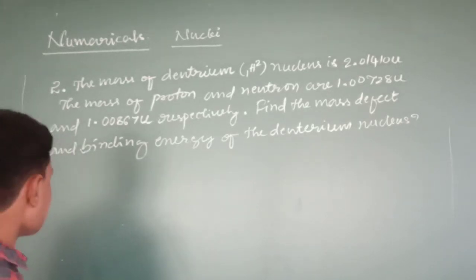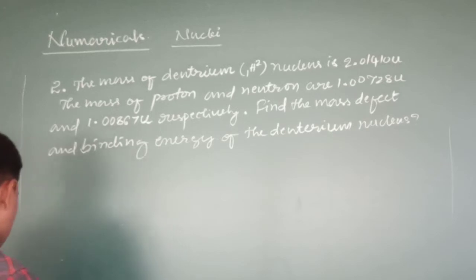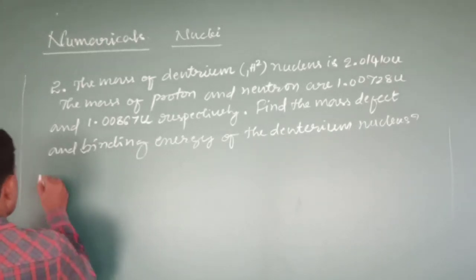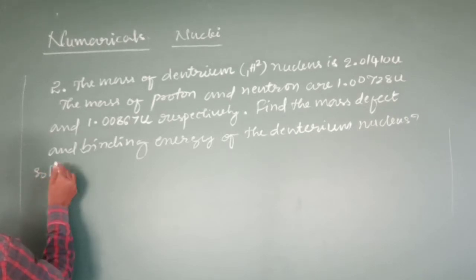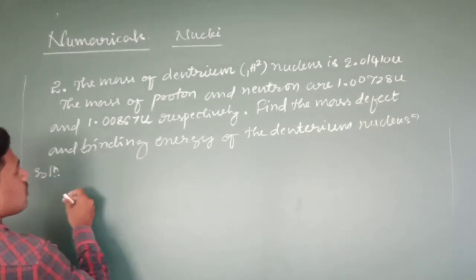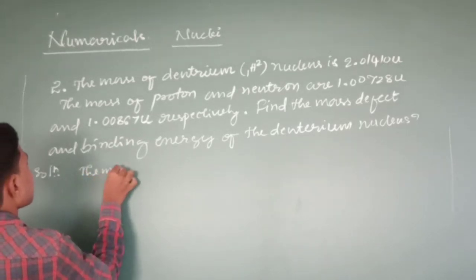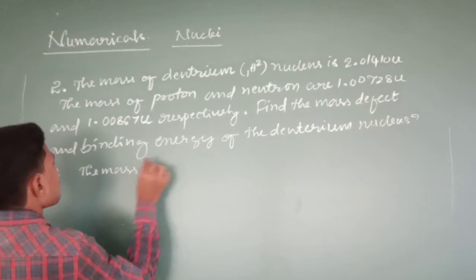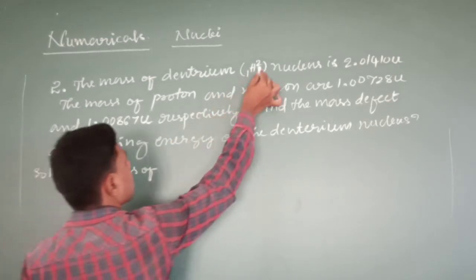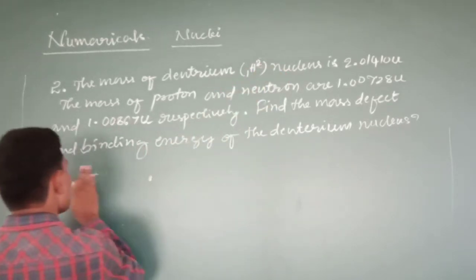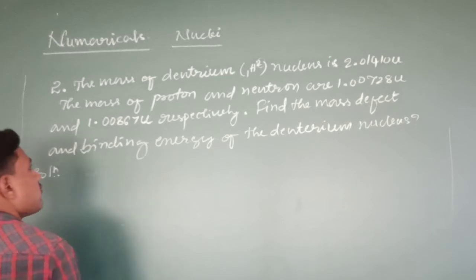So how to find the solution for this one? Very simple. First we need to find the mass of, because the mass number of deuterium is 2, therefore there must be 1 proton and 1 neutron.